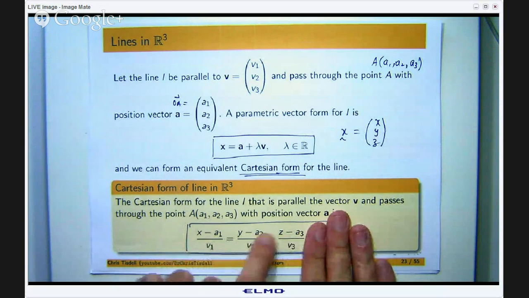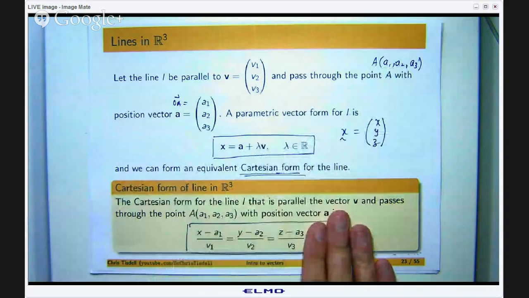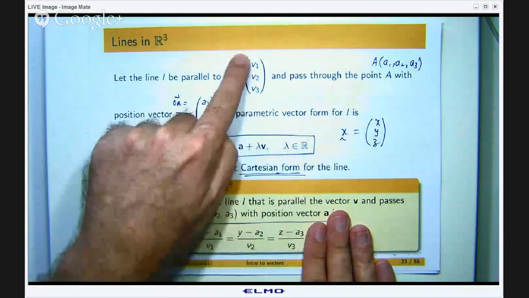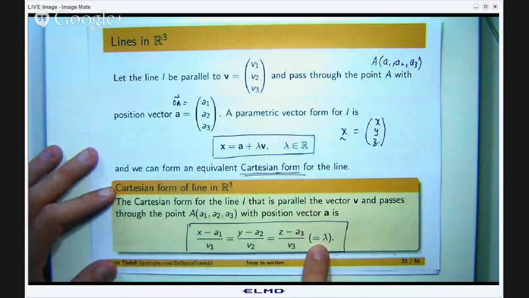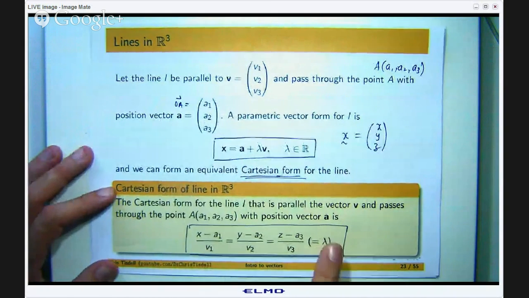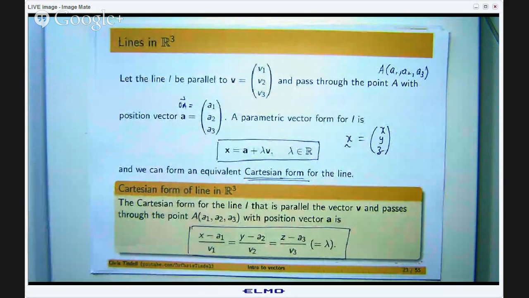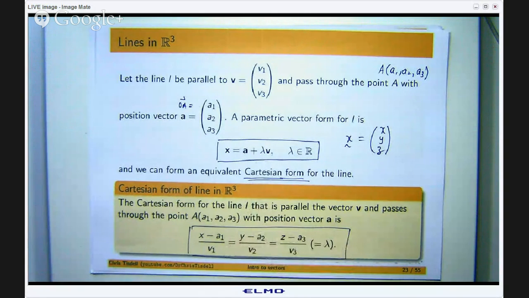So A1, A2, A3 are the components, if you like, of the point A, and V1, V2, V3 are the components of the vector v. Now I have put the equals lambda in brackets here. Strictly speaking, you don't have to do that, but I like doing it because, first of all, it reminds you that you can get back to the parametric form pretty easily.